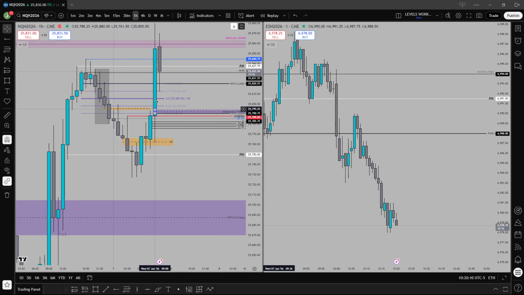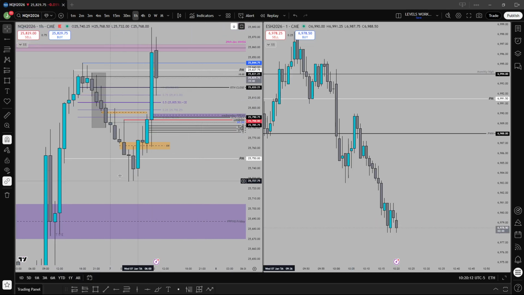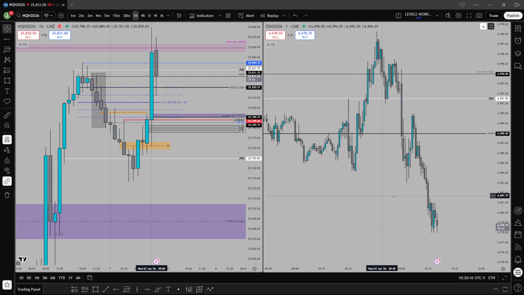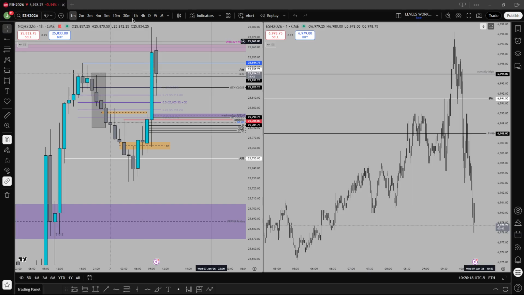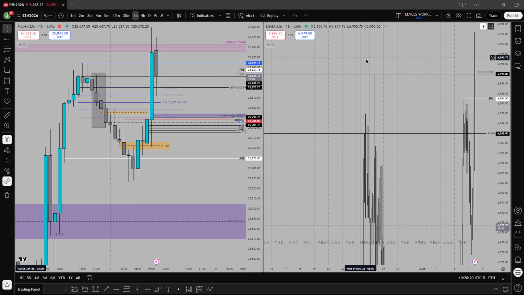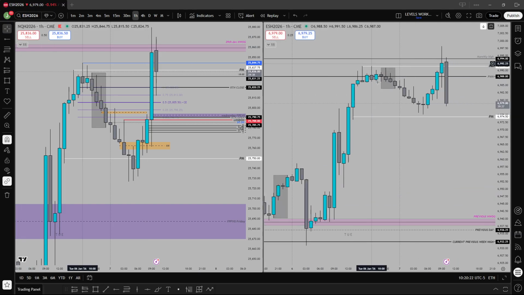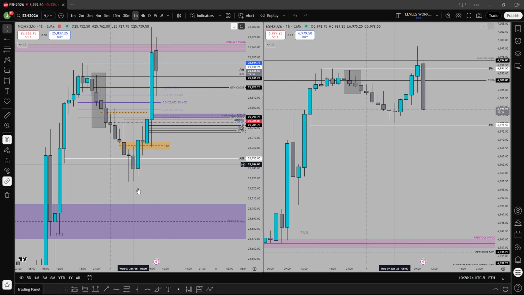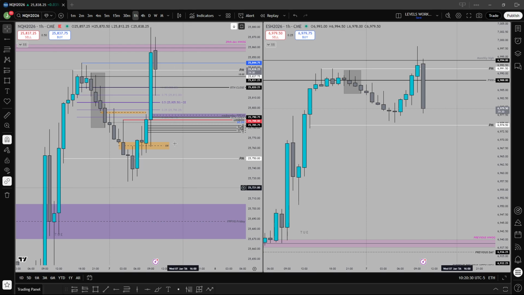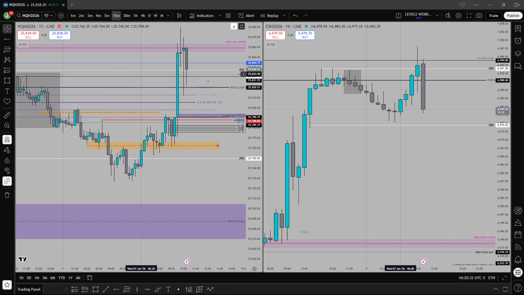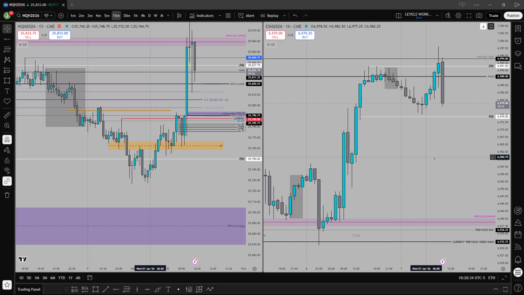This move was expected, but of course, after sweeping these lows, we pretty much read the price for pre-market session and New York Open. So always a good day.